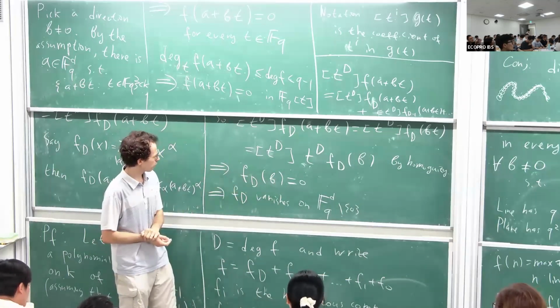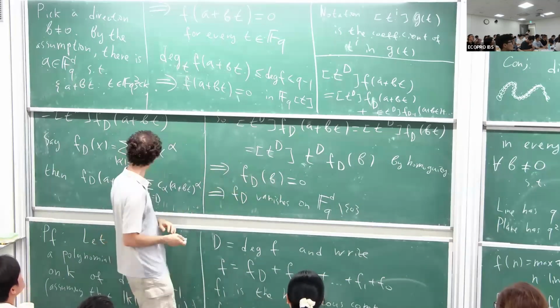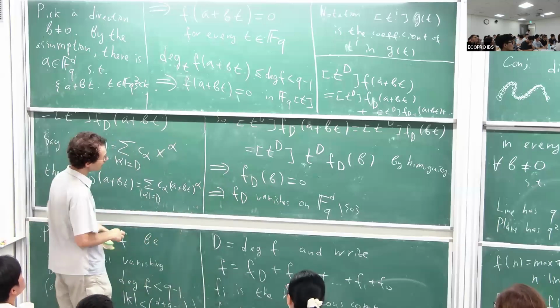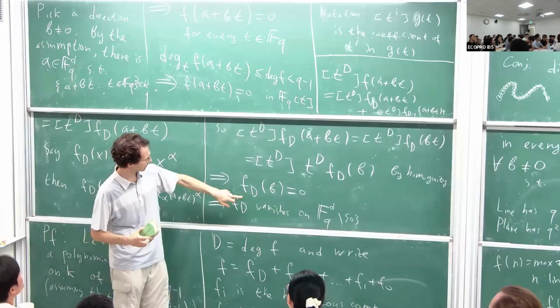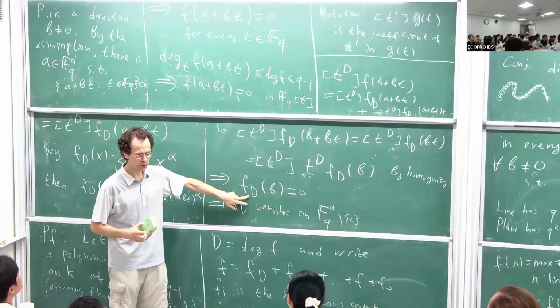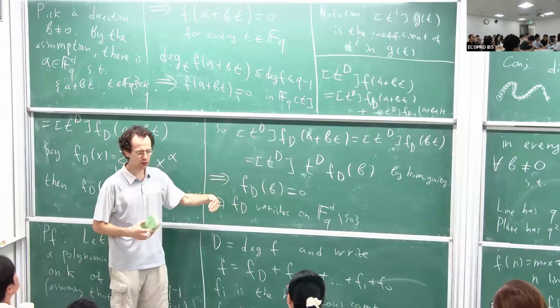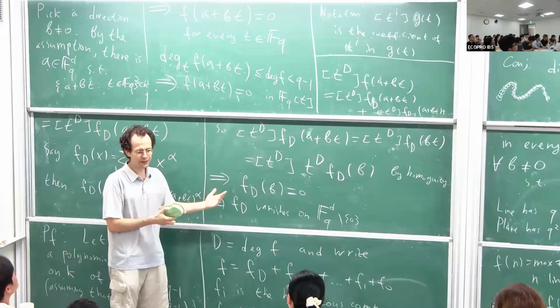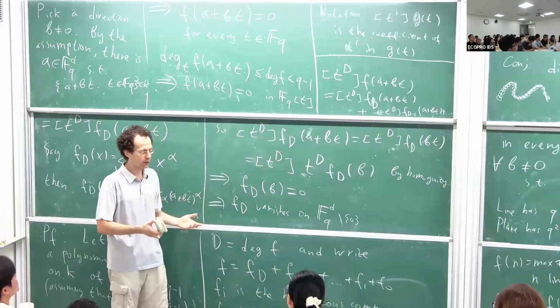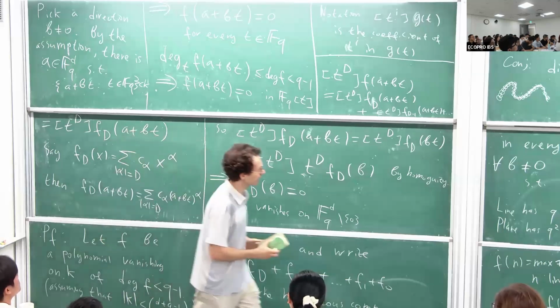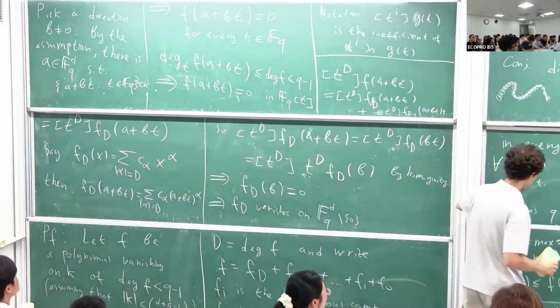But what happens for the 0 vector? Well, remember this polynomial is homogeneous, so the constant term is going to be 0 unless the degree is 1. So in fact, it's going to vanish everywhere.